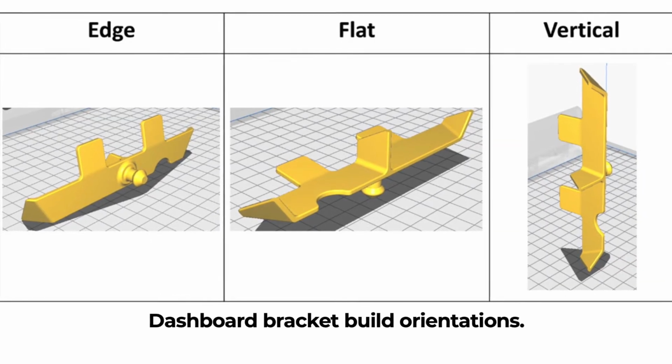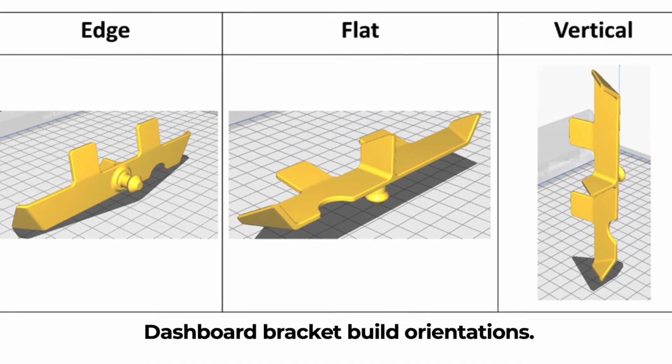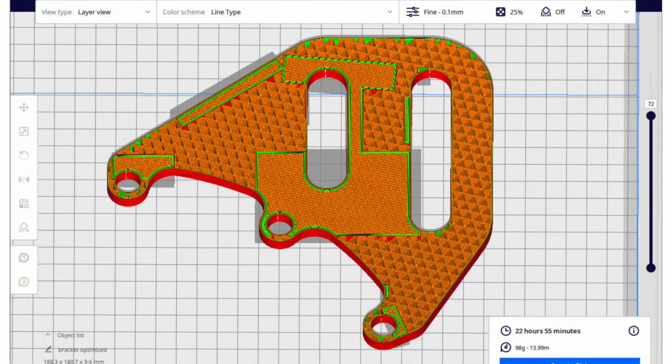So there were a couple other things there. We had a dash bracket that we were making for a flat track motorcycle, and it was a rear end bracket that just had way too much load on it for anything plastic. So we did all 3, and with the dash bracket there wasn't much time saved.